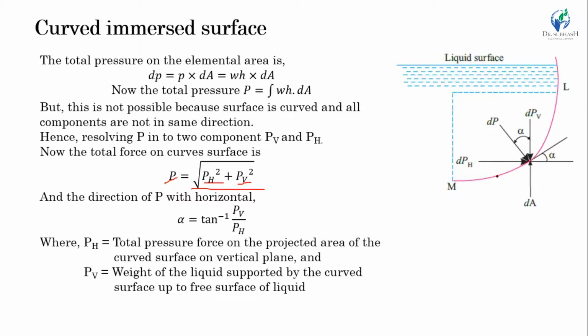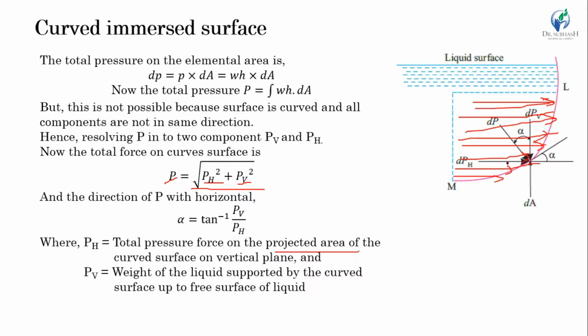When you think about the horizontal pressure force acting on the surface, the line of action of force is like this, and it will act in this direction. So in this case, you can consider PH as the total pressure force acting on the projected area on the curved surface, on a vertical surface.